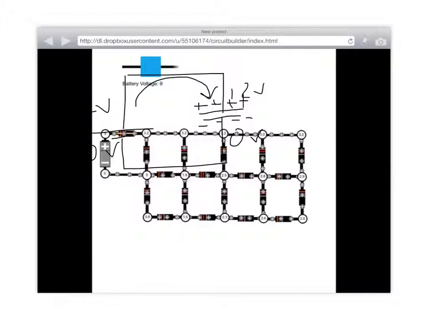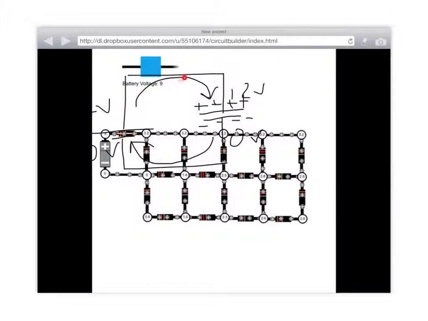So capacitors have this interesting property. We know that the positives go like that, right? Is current actually flowing through the capacitor? No. Why not? Because there's an air gap, right? Are charges moving through that air gap? No. But if you look at one end of the capacitor, positive charges are leaving.